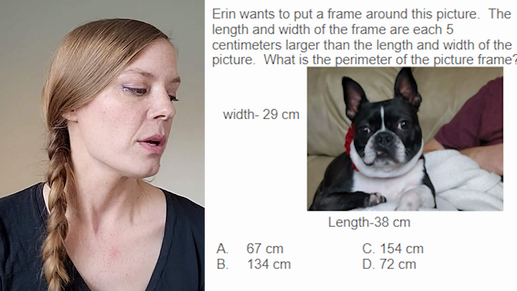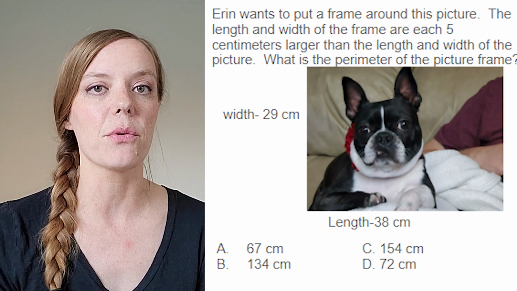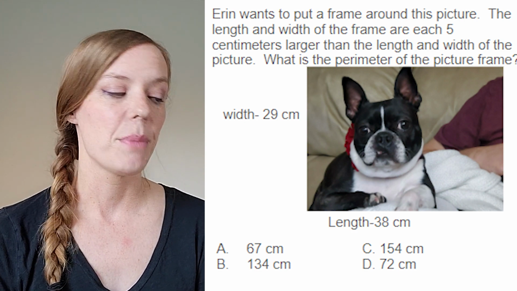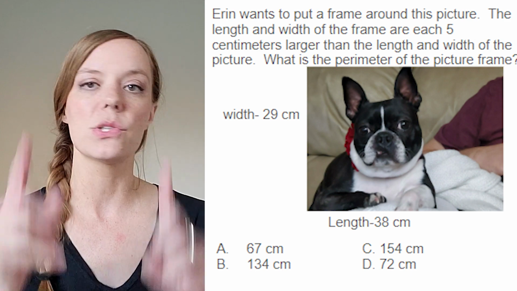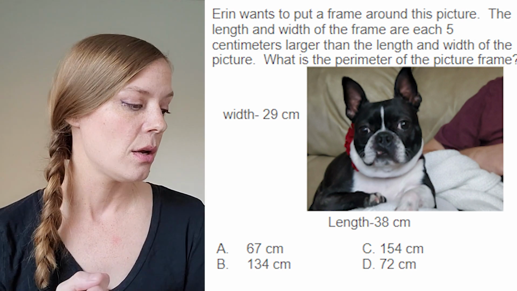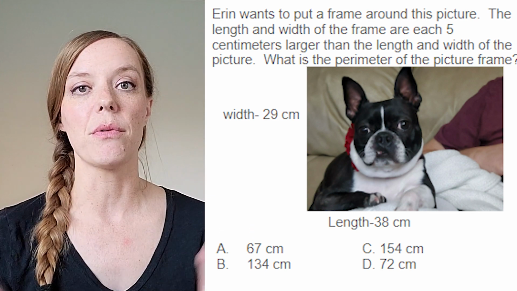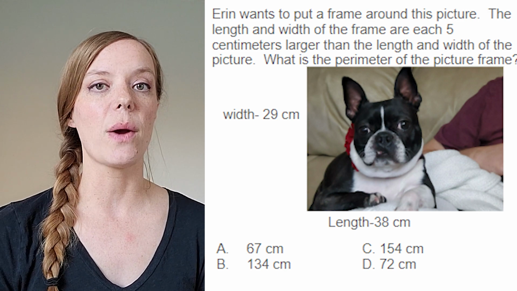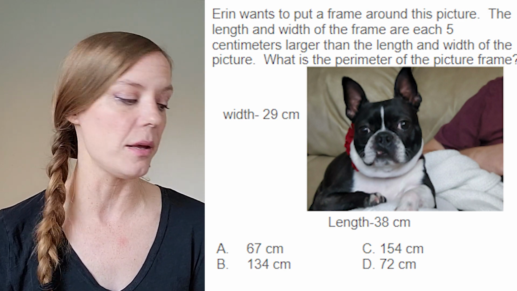Okay, so like I said, before we start working with those numbers, now I feel like I have a good understanding of it because I saw the word frame around the picture, I saw the word perimeter. So it makes me think that we're going to be finding the perimeter of this. And so I've got a pretty good understanding just from one time reading it.